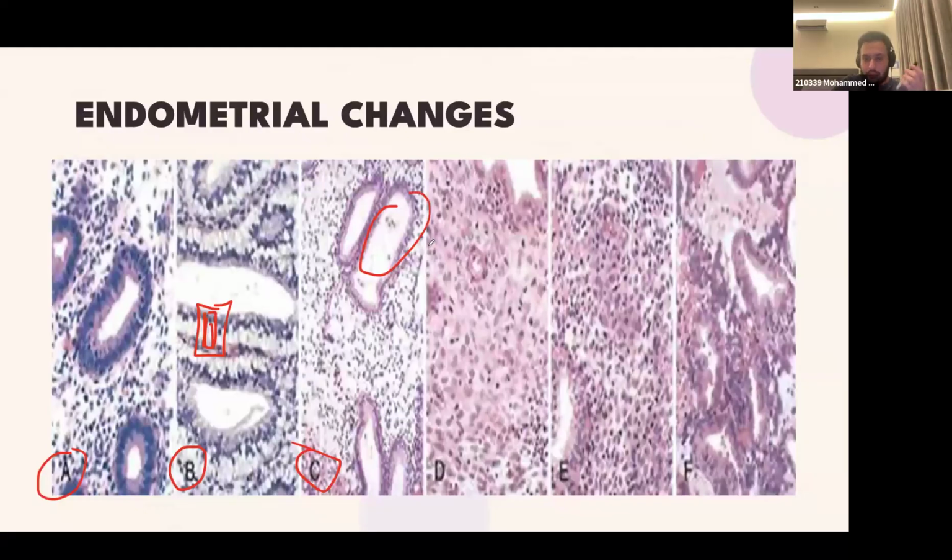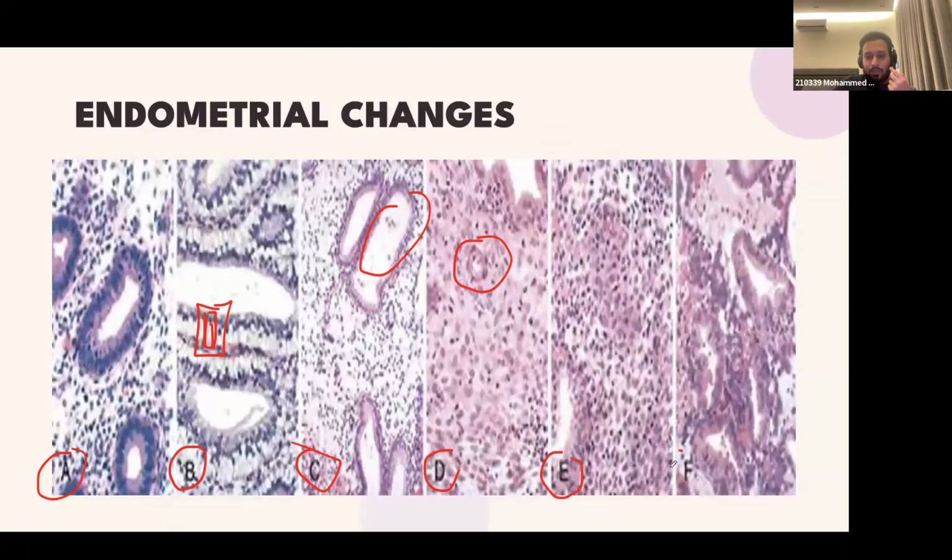So secretory phase. Picture D, there's an important thing over here. What is this? Edema and spiral arteries. Then E will have inflammatory cells that are beginning to form decidual cells. I cannot pinpoint where any of that is in this picture because it's very low quality, so just take it word-wise.